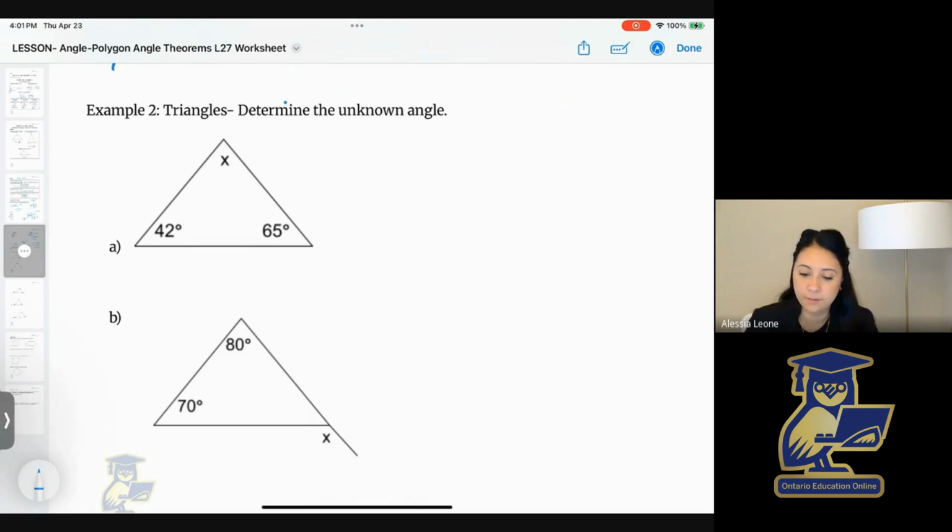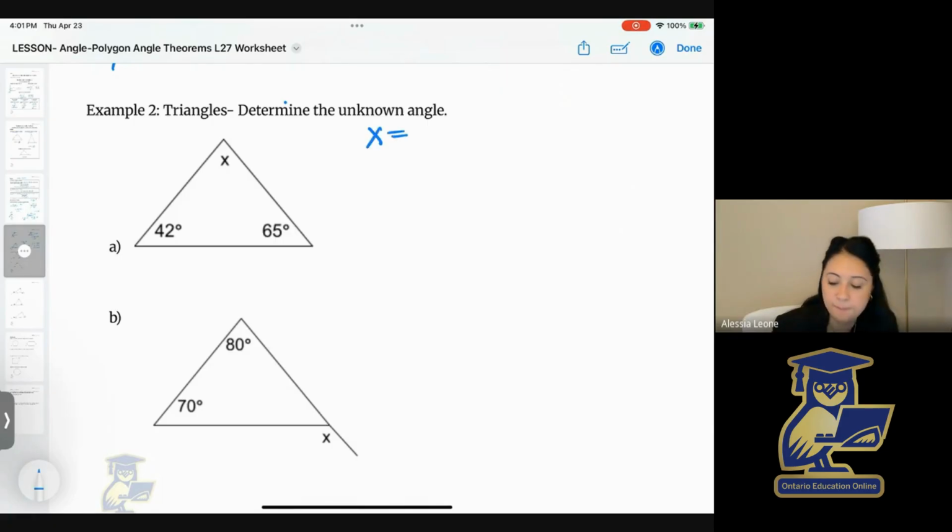Triangles. Now, okay. This is looking for our interior angles. So we know the inside of this triangle should be 180 degrees.